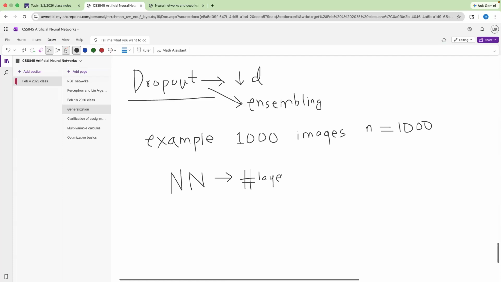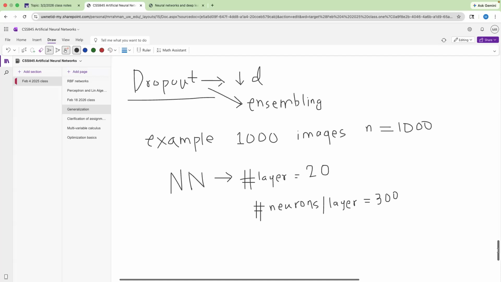Let's say I use a 20 layer network, and at every layer I have a bunch of neurons, and let's say I decide to put in 300 neurons per layer.